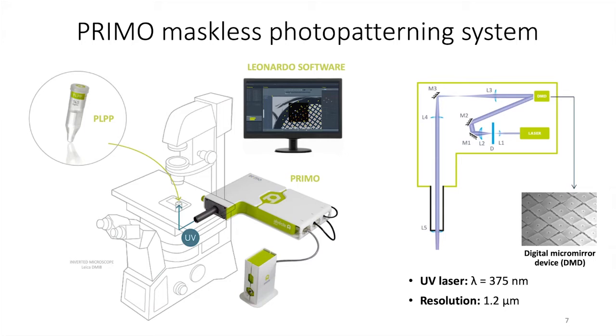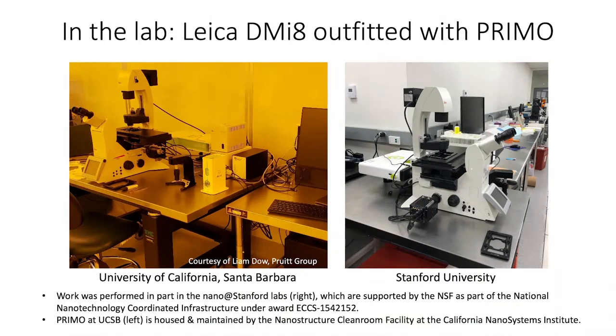This is a huge benefit for micropatterning of EM grids. A specific photoinitiator, PLPP, enables the micropatterning of proteins with this system. Using a 20x objective, it's possible to achieve 1.2 micron resolution. So here you can see PRIMO systems in the lab.